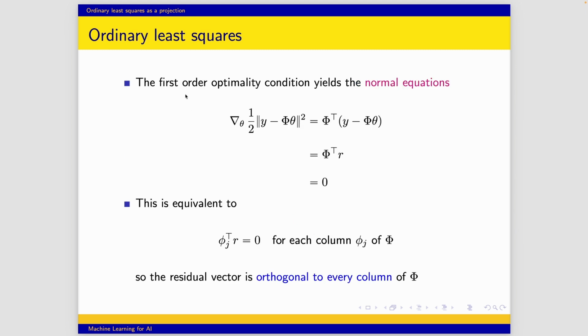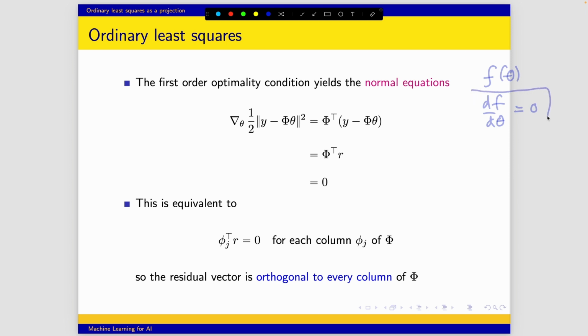So what is our condition to find a solution to minimize the total square error or half the total square error? Well, it's the first order optimality condition. If we have a function of one variable, let me call it f of theta, so theta is just a scalar, we need to solve df by d theta equals 0.